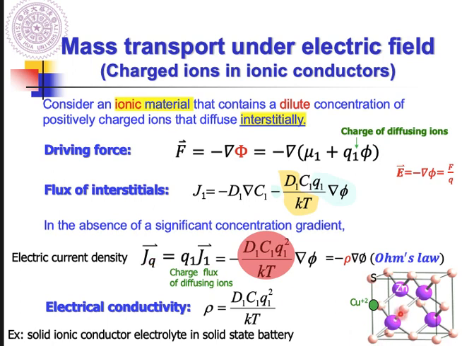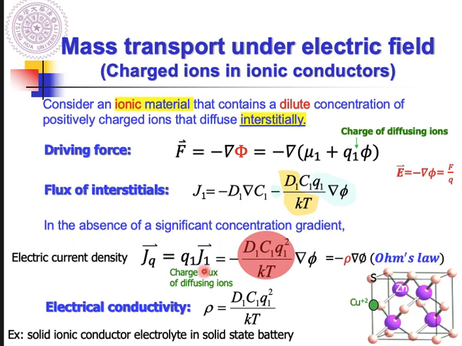In most cases, ionic materials have poor electrical conductivity because they have very strong ionic bonds. So what contributes the current density in this type of zinc sulfate ionic material is the flux of this interstitial, which is actually a positive copper ion. So there is a relationship: current density can be expressed as the charge of this copper ion times the atomic flux.